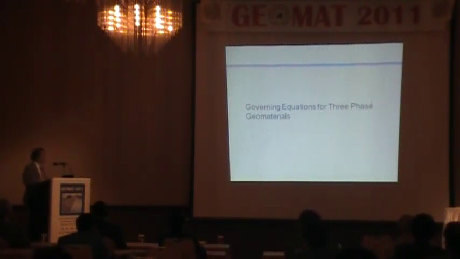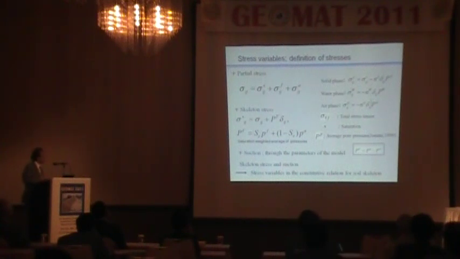Now let me go to the governing equations and quickly explain the main part of the governing equations for three phases. First of all, we need the stress, which is very important. We use the partial stress tensor for three phases by analogy to saturated soil. You know very well the effective stress for water-saturated soil.